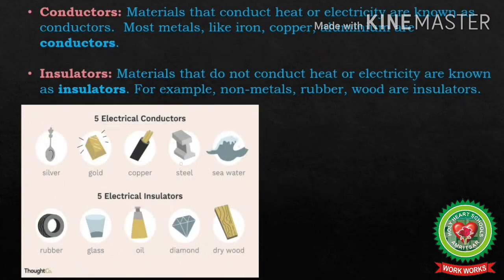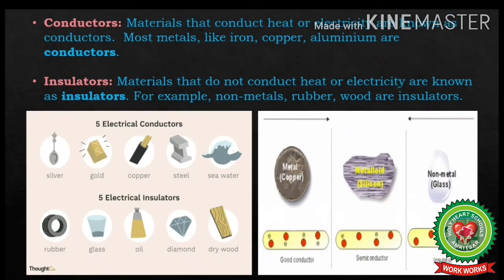Now this picture shows 5 electrical conductors: silver, gold, copper, steel, seawater, and 5 electrical insulators: rubber, glass, oil, diamond, dry wood. Look at this picture carefully. In the case of good conductors, for example copper, which is a metal, you can see that many electrons are flowing through it. So it is a good conductor.